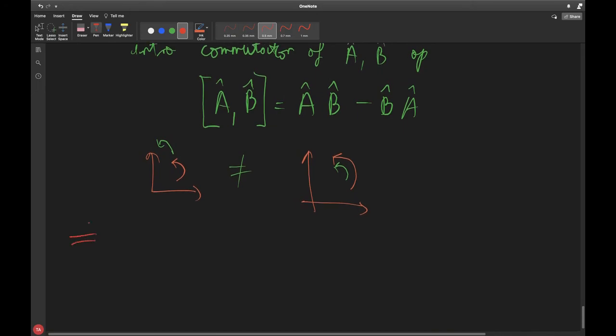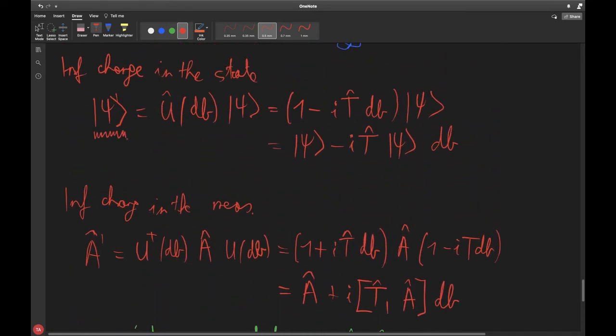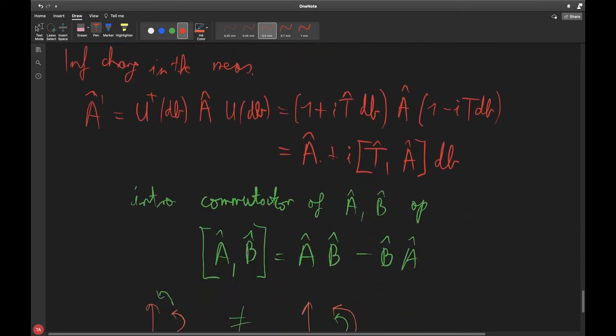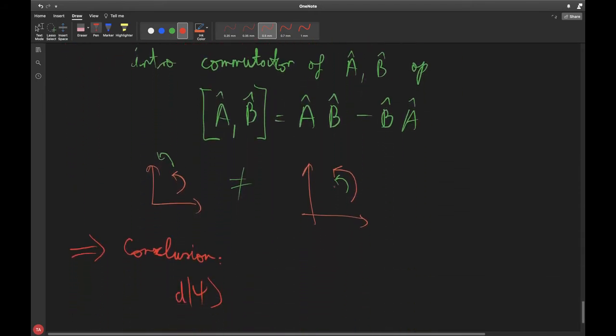Okay, so all these things lead to the following little conclusion. The change in the psi, which I'm going to call d psi, was just subtracting these two. So I am left with minus i t psi dB.